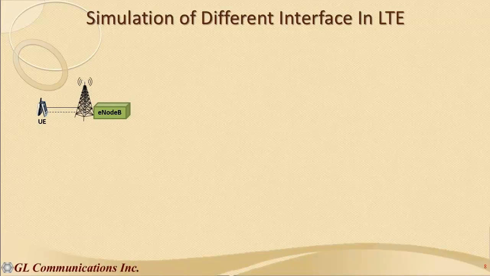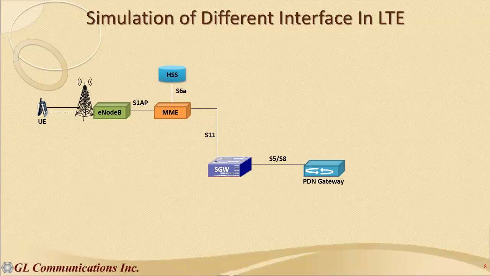For example, only the S1 interface can be simulated between eNode B and MME, or MME and HSS to simulate the S6a interface, or MME and SGW to simulate the S11 interface. The S5/S8 interface is used to simulate SGW and PDN gateway. These are the interfaces which can be supported individually or in group to have a lab setup. Either way is possible.